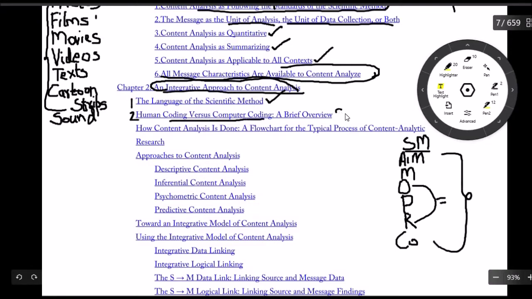Then you have human coding versus computer coding. I wouldn't even say just human coding, computer coding. I'm even making up right now what I call software coding also, which the majority of us miss out because there are certain things involved in it, whether you are using NVivo, or it can be Atlas TI, MaxQDA, Quarkos, or any other tool that is available for us.